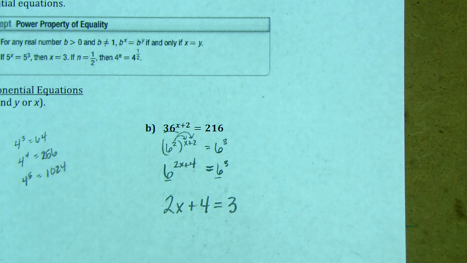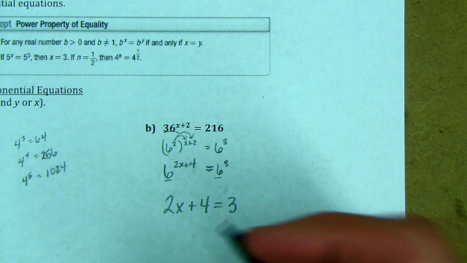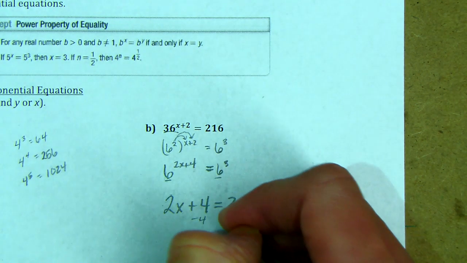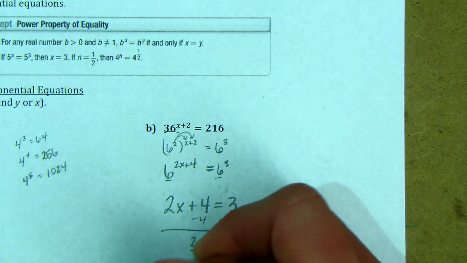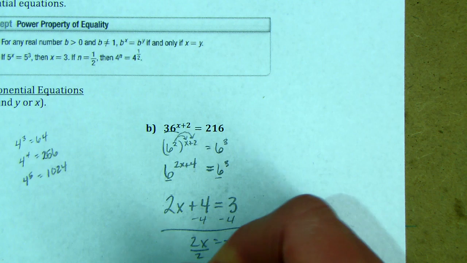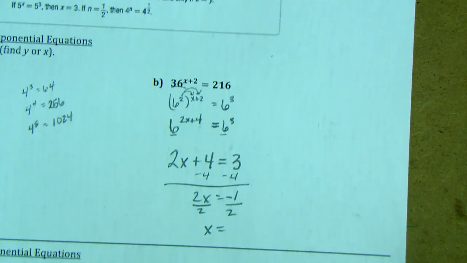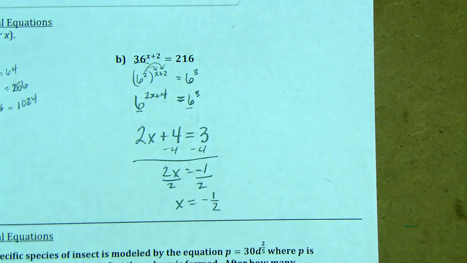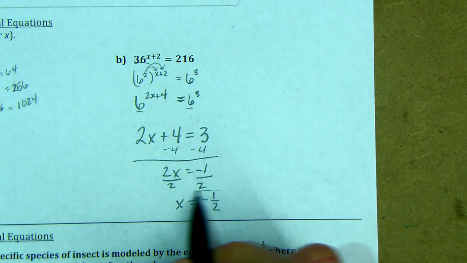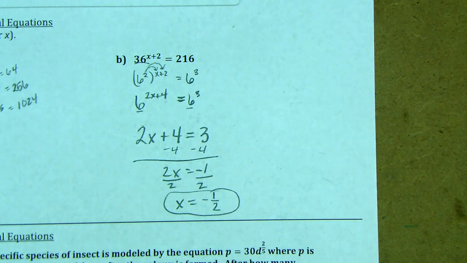Now we just have a 2-step equation we have to solve. So subtract 4. So 2x equals -1, and divide by 2. And x is, running out of room, -1/2, which we know yesterday is possible. All right?